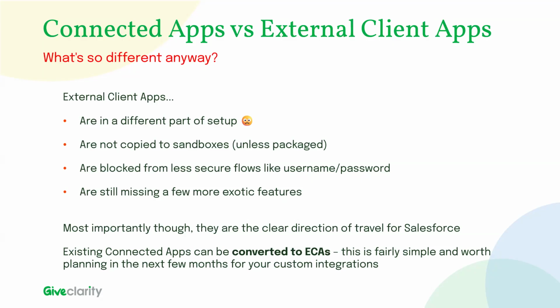I don't think you should feel like you need to rush into this because your org's going to fall over if you don't do it. At this point in time, there's no end-of-life notice on connected apps, but that could change at some point, obviously.